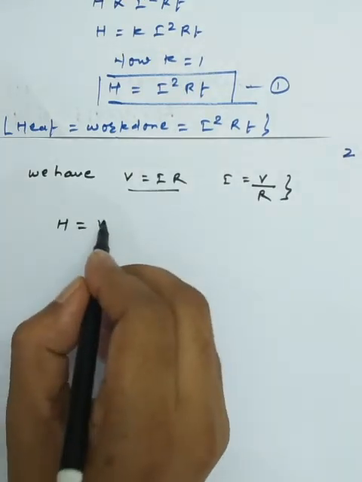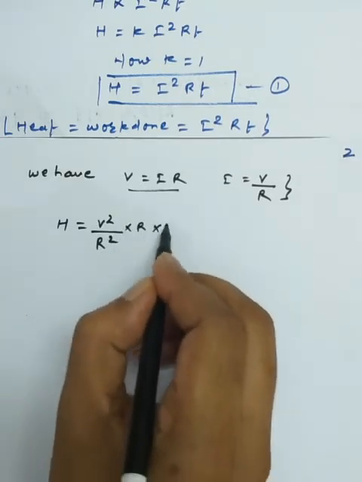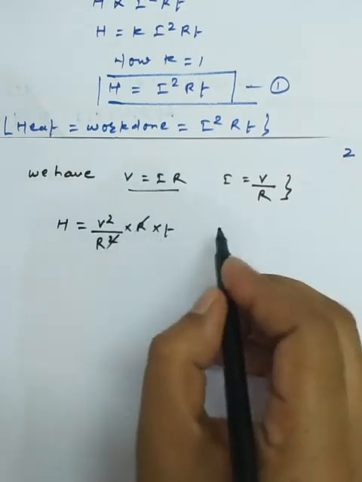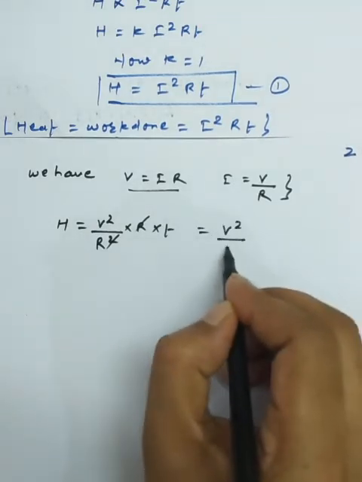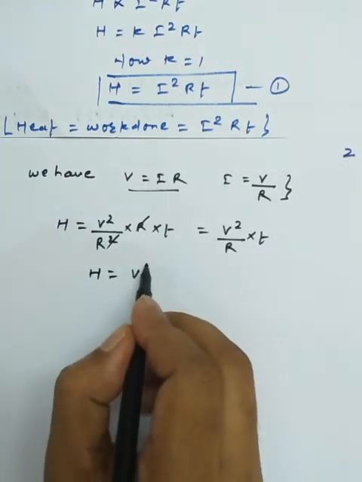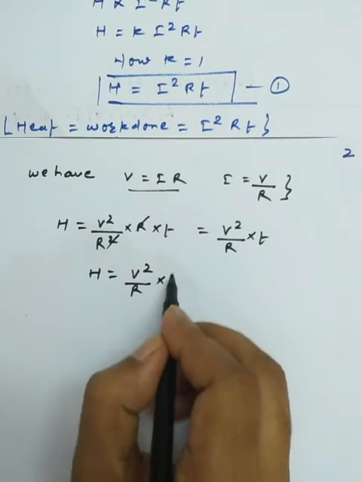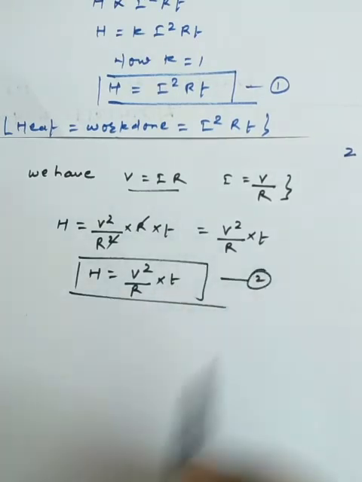H is equal to V square upon R square into R into T. So R to R is cancelled, and we get another formula, V square upon R into T. So H is equal to V square upon R into T. This is another formula we have for the learning process.